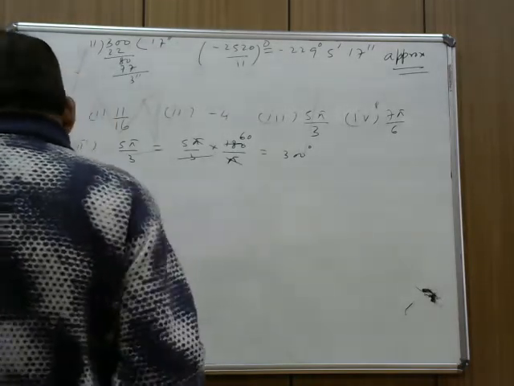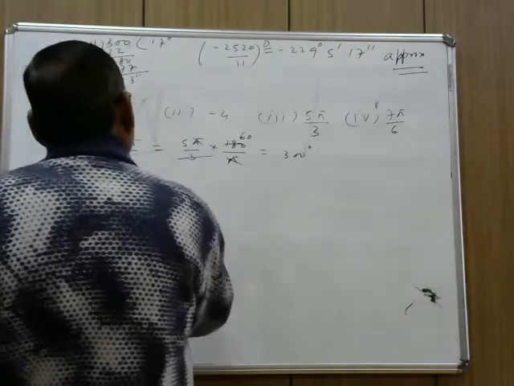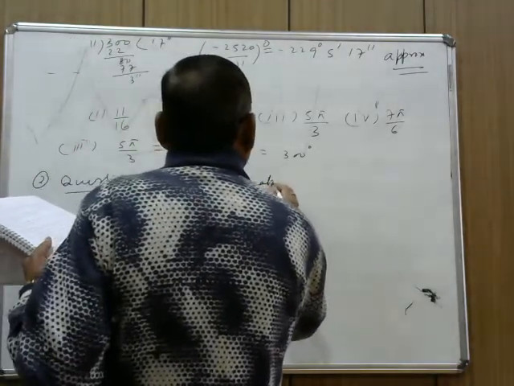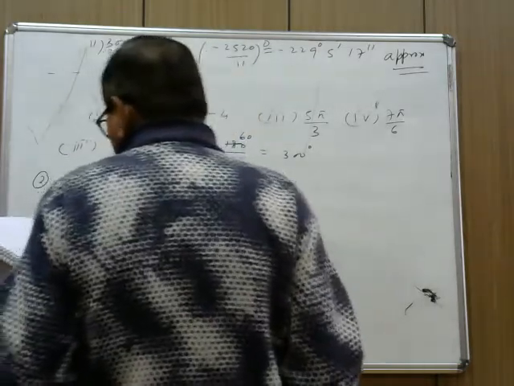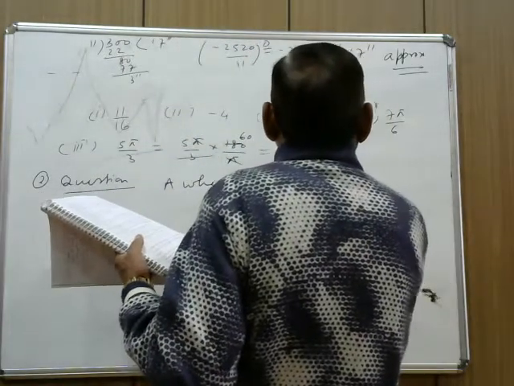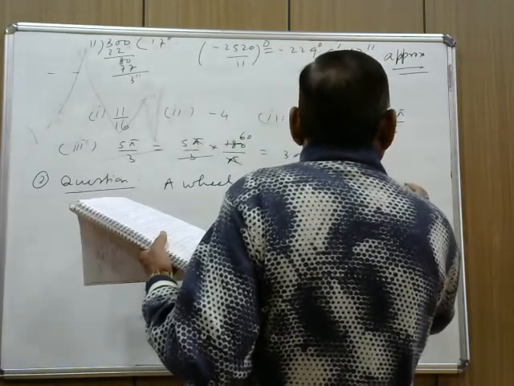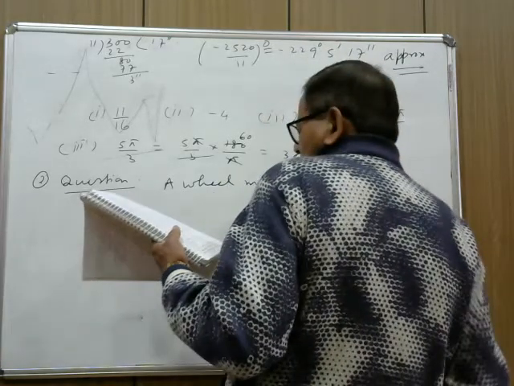Your question is, a wheel makes 360 revolutions in 1 minute.